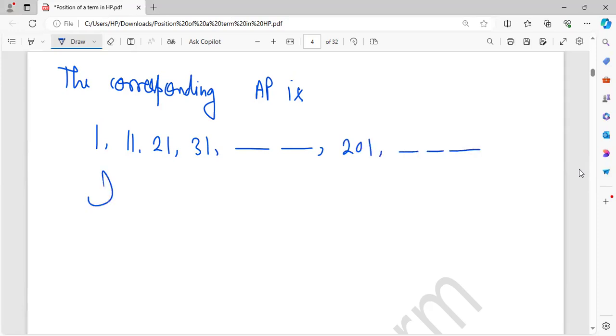So let 201 in this AP be at the nth place.